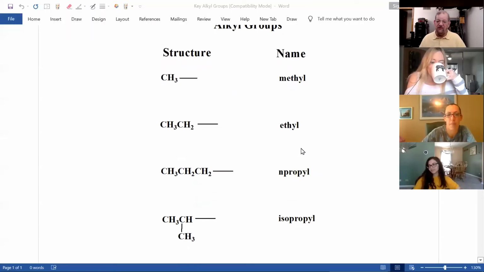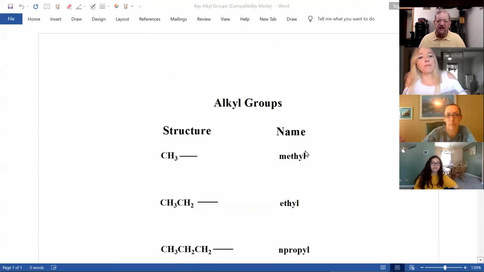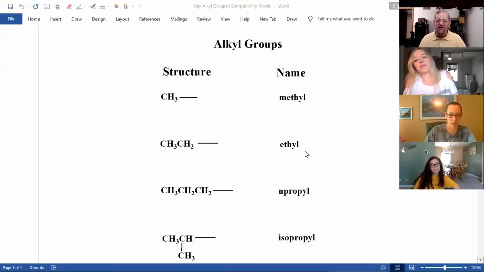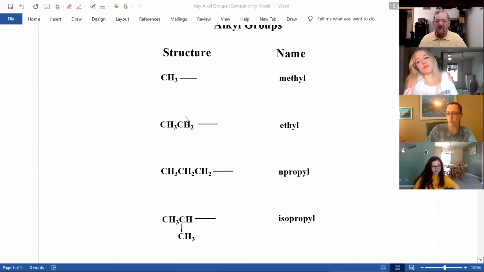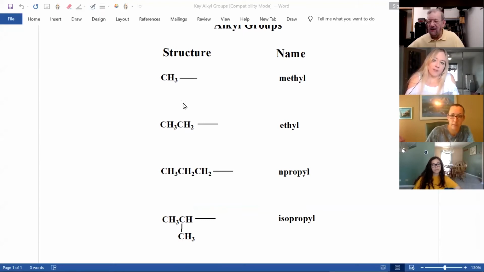Now, the other chart you should know and start memorizing is the key alkyl groups. And these are carbons and hydrogens that are attached to the longest chain or a ring. There's a file with this I just showed you in the lecture, but I'm going to slow down now because I see some of you are copying it. Normally in a classroom, I'd write this on the board besides showing you the screen.